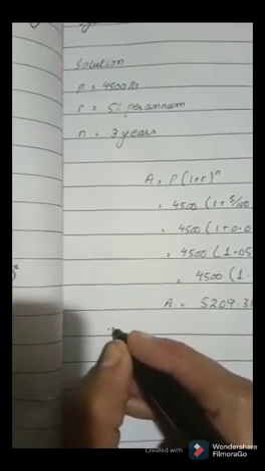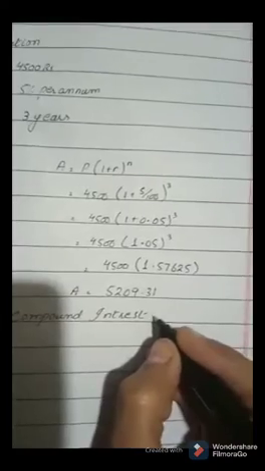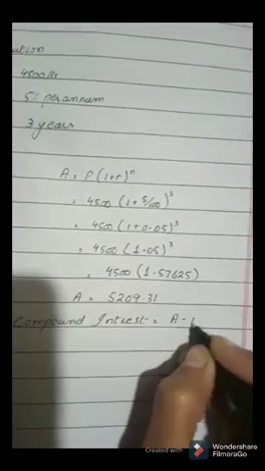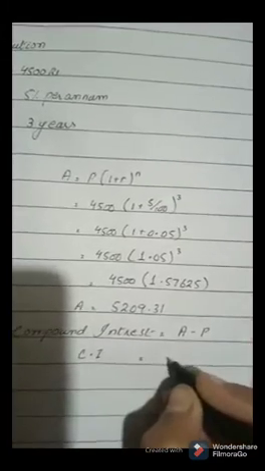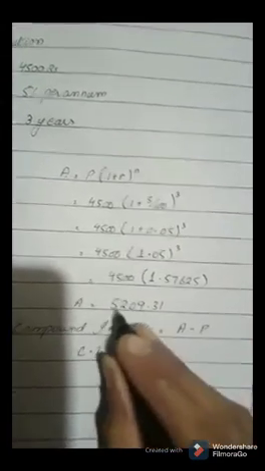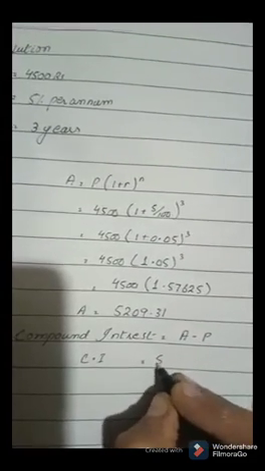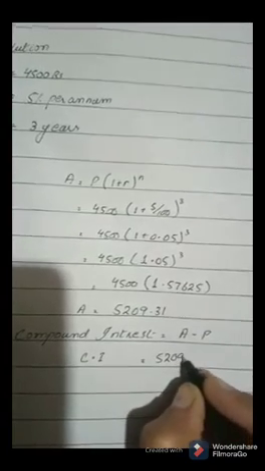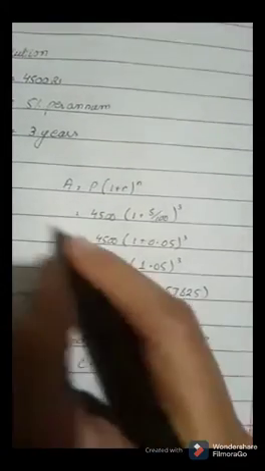So compound interest is equal to A minus P. A is equal to 5209.31, minus our principal amount 4500.